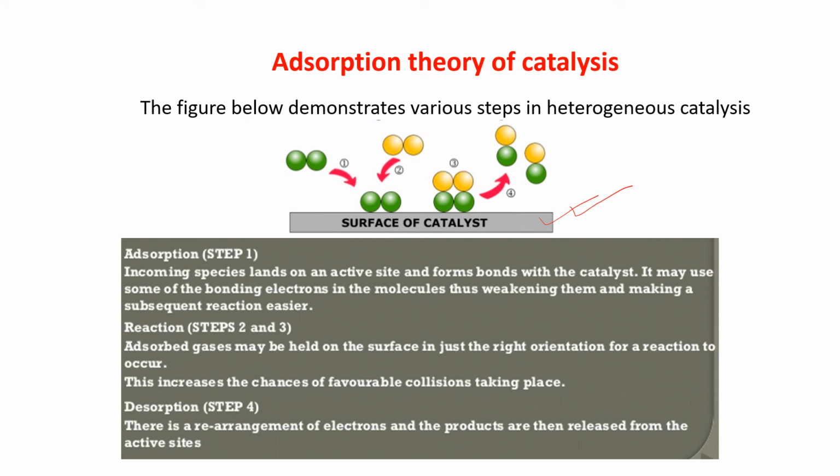In the second step, the yellow molecules are also coming and sitting with the green molecules, maybe in a proper orientation, so that more collisions can occur, and because of the collisions it will give the product.